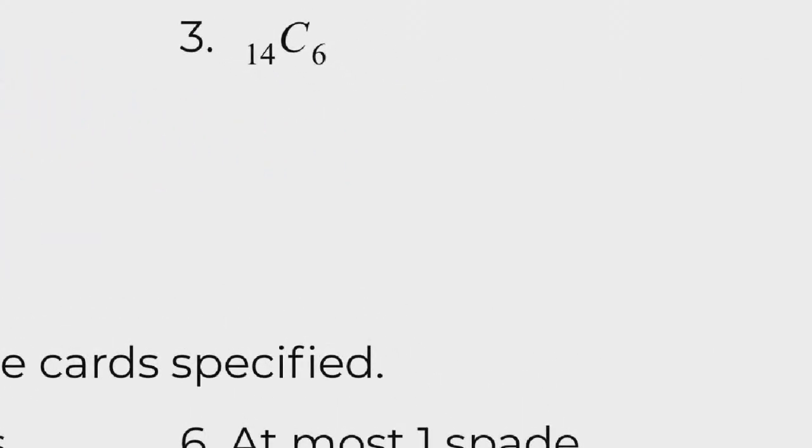Number 3 is 14c6. So that'll be 14 factorial over 14 minus 6 factorial times 6 factorial. And 14 minus 6 is 8. So when we write out 14 factorial, we can stop at 8.